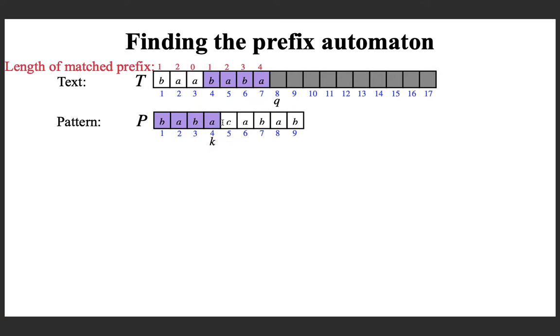So, if the pattern is of length 9, 10 prefixes will be there, prefix of length 0, length 1, etc., until the length 9 prefix.